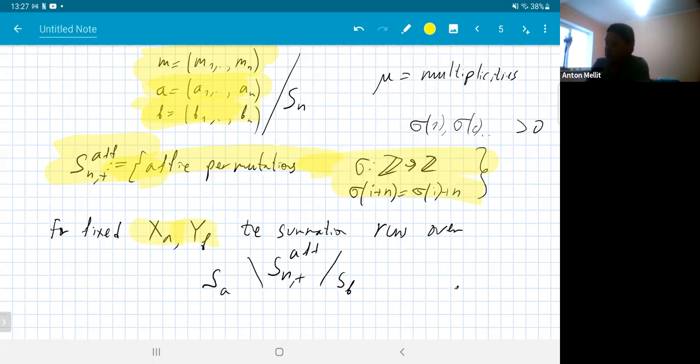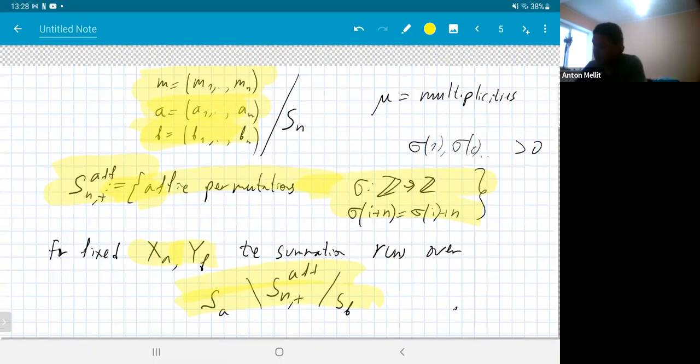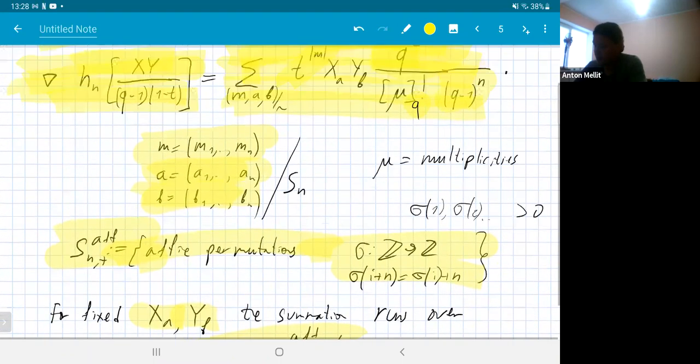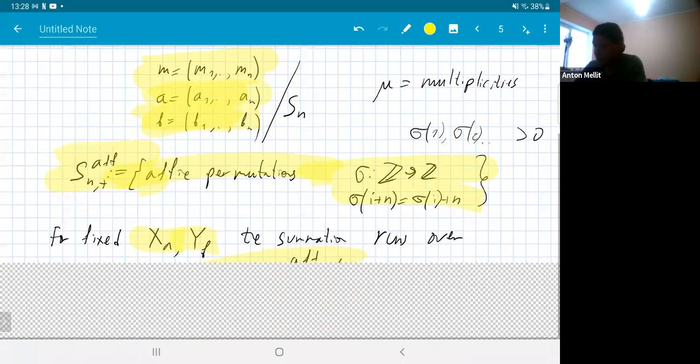It turns out that this summation is precisely going over double cosets of the set of affine permutations modulo finite subgroups, as for A and as for B. So we have this interpretation of this formula as a sum over affine permutations.